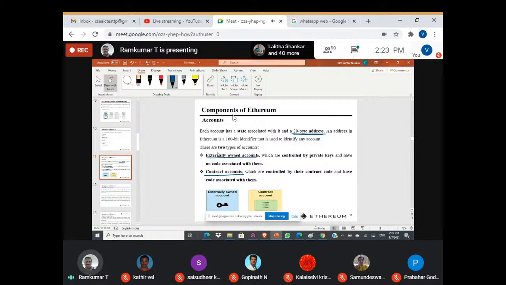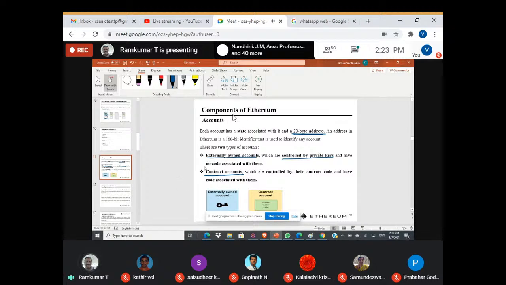Whenever I'm talking about an externally owned account, it is controlled by private keys. Why? Because I'm controlling my account by using my private key. So you have your Gmail account, and it is maintained or controlled by your private key. It might be what we call a password, but it's private key enabled.